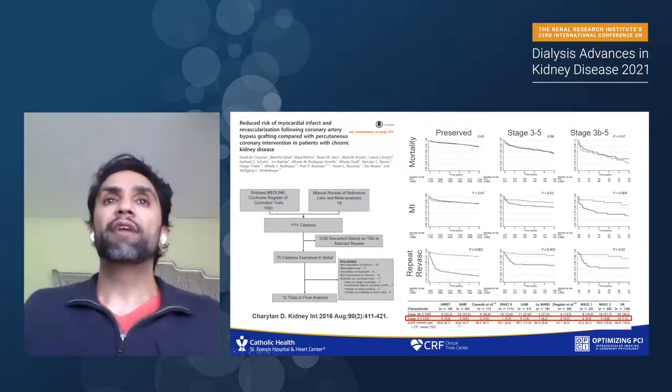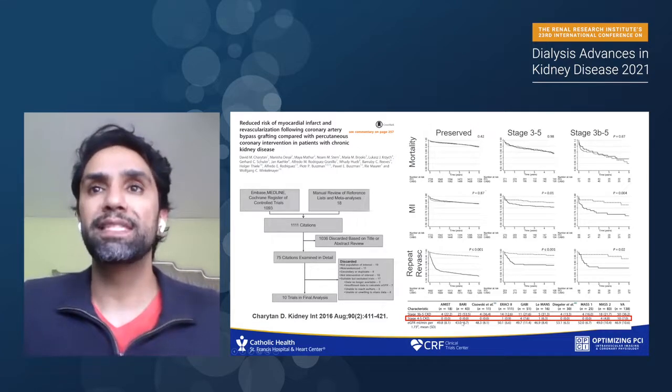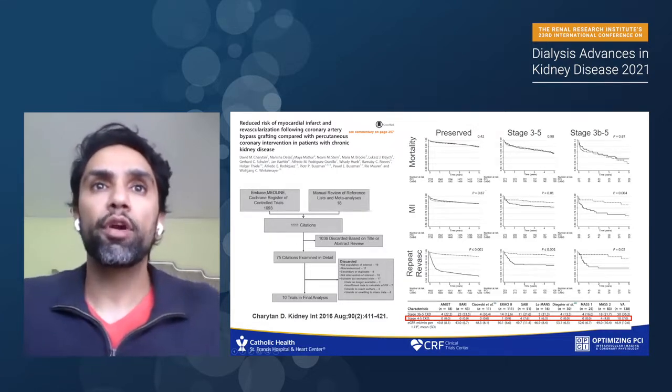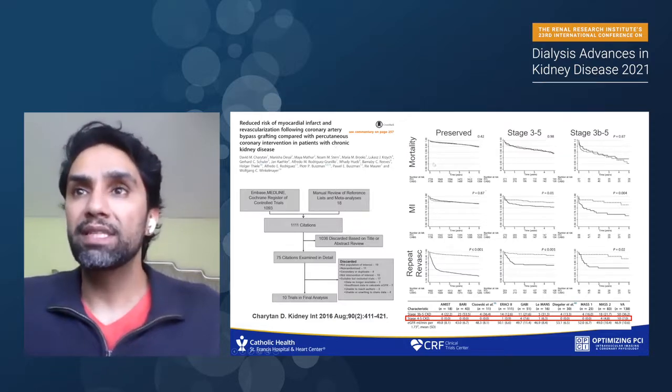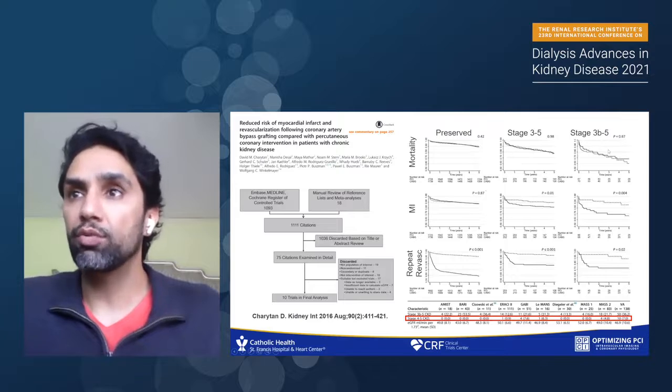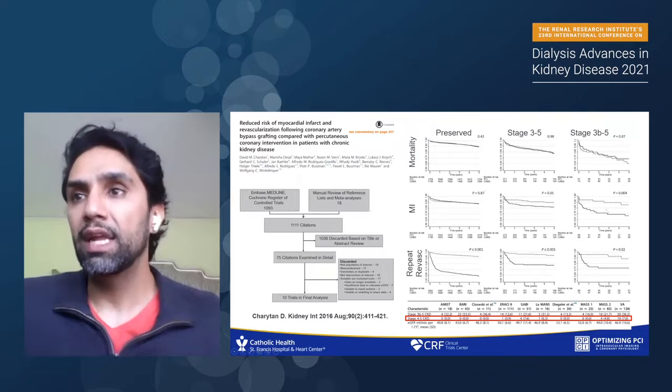What about if we look overall at bypass versus stenting? If we look at coronary artery bypass grafting versus PCI in this meta-analysis, what we see is that mortality is not different in the preserved group or the stage 3 or 3B to 5 group, but the MI rate is much lower in the CABG group compared to the stenting group, as is the repeat revascularization.